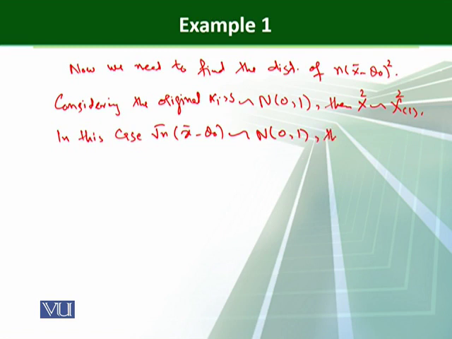Then on the same line, n times x bar minus theta naught squared follows the chi-square with 1 degree of freedom.